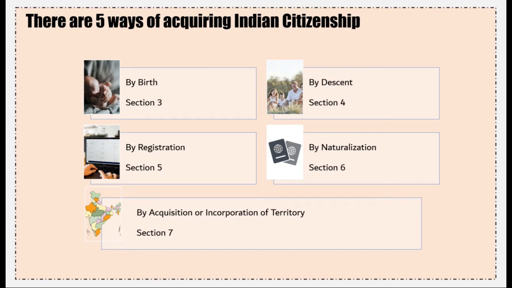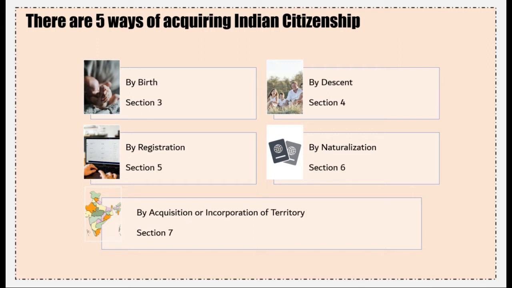In 2015 and 2016, 2 notifications were issued by the central government to exempt certain groups of illegal migrants from provisions of 1946 and 1920 Acts.